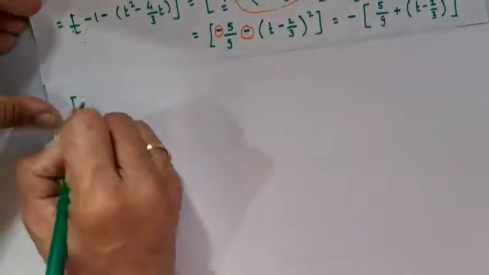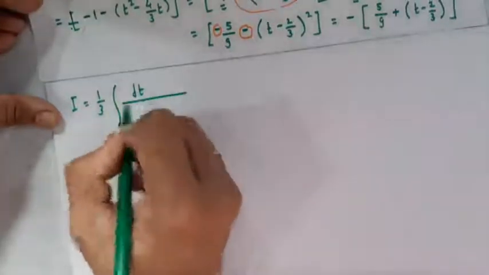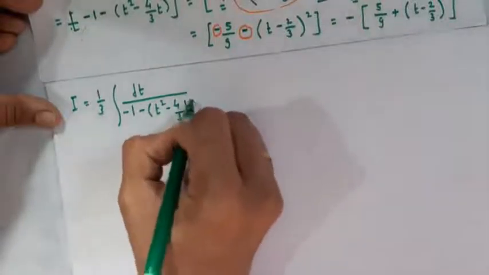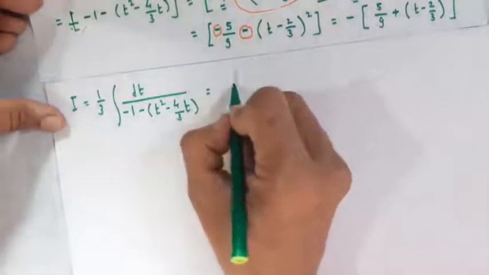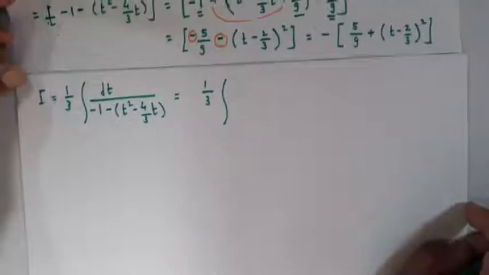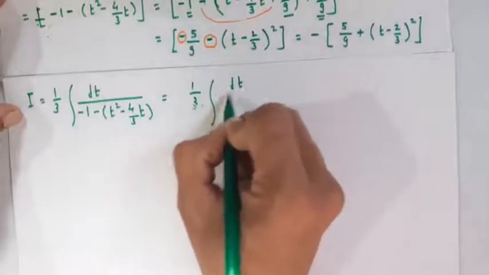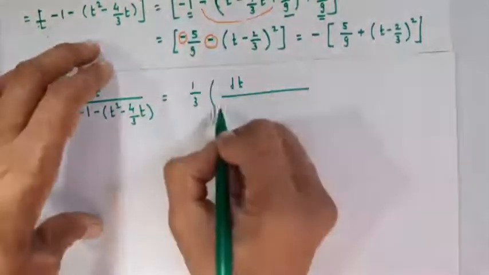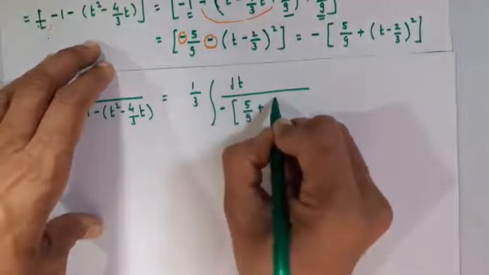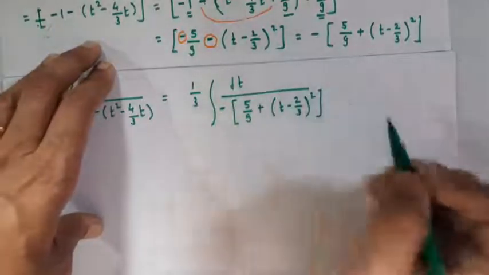Now the integration I is equal to 1 by 3 integration with respect to t of minus 1 minus t square minus 4 by 3t, and that is equal to 1 by 3 as a constant, integration with respect to t, the minus sign outside, of 5 by 9 plus t minus 2 by 3 whole square with respect to t.